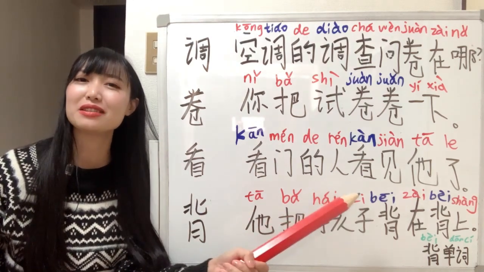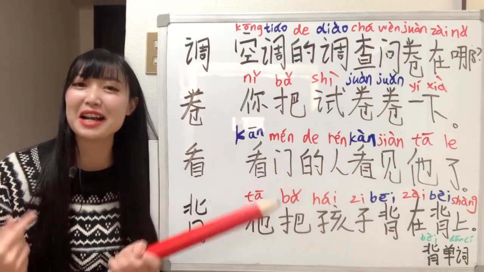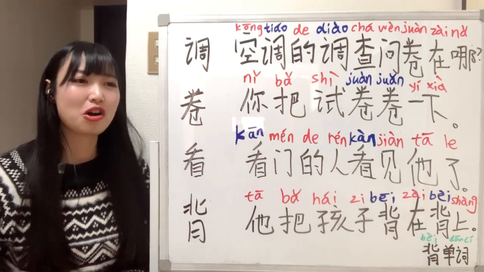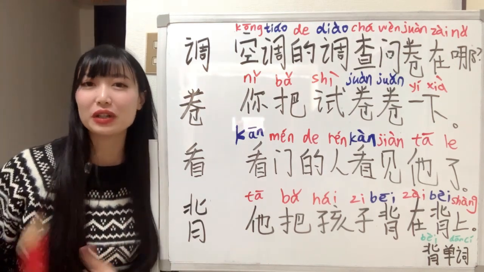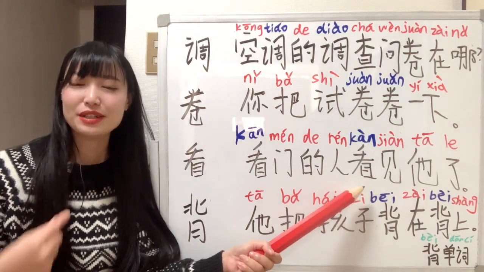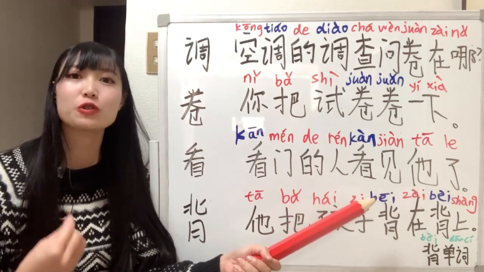So 看门的人 means the doorkeeper, someone who needs to guard this area. 看见, 看 means to see, 看见 together means saw something.